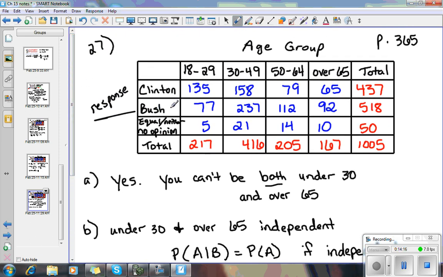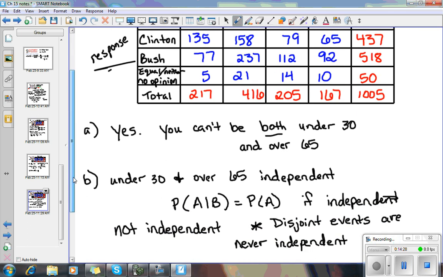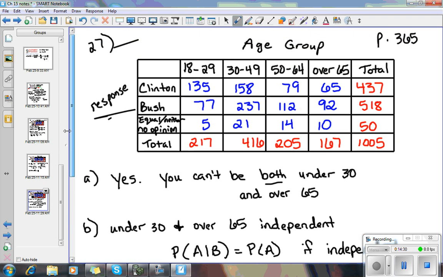So choosing Clinton, we had 437 people chose Clinton, and of those 437, notice that 65 of them were over 65.